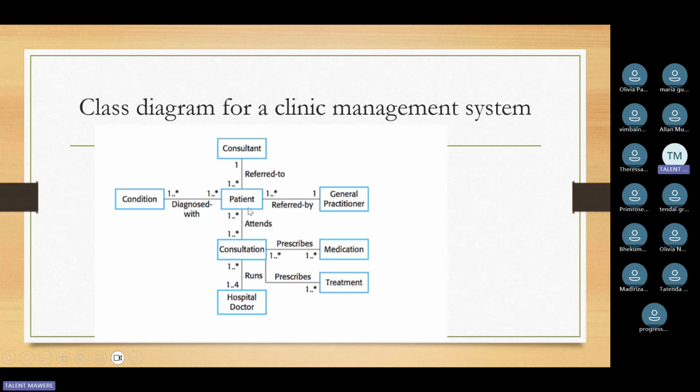Similar to patients and consultation, many patients can attend many consultations at a clinic. So that's what we call cardinality. It should be reflected on your class diagram to show the kind of relationship that exists between the two entities that you would have identified.